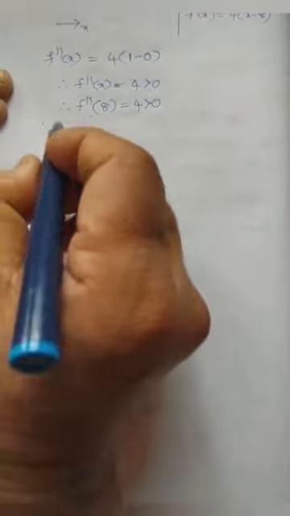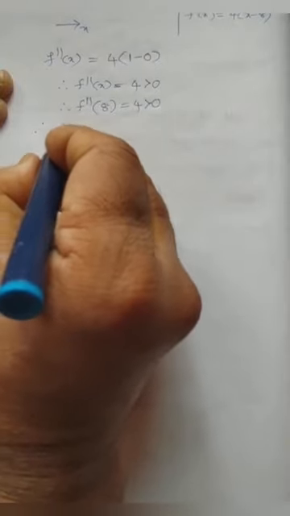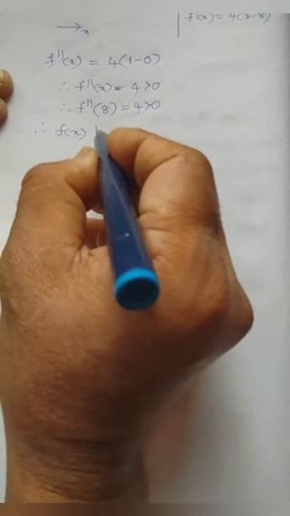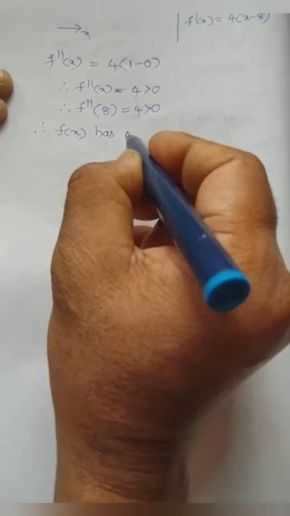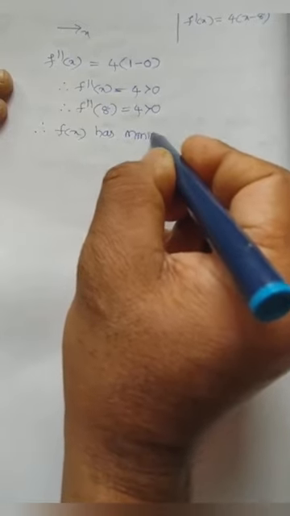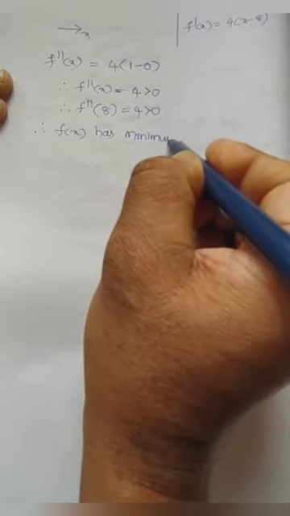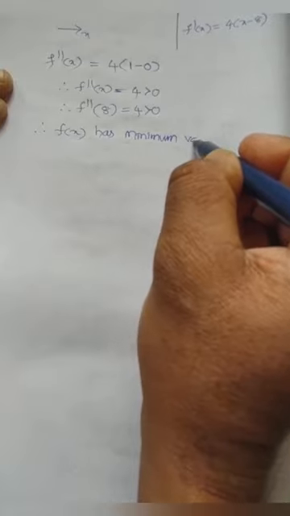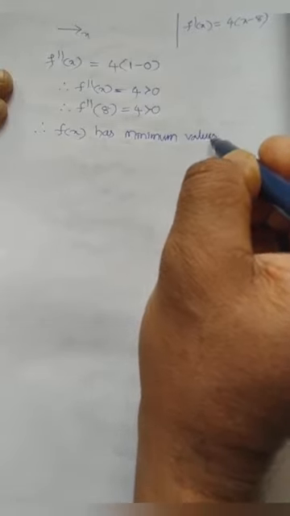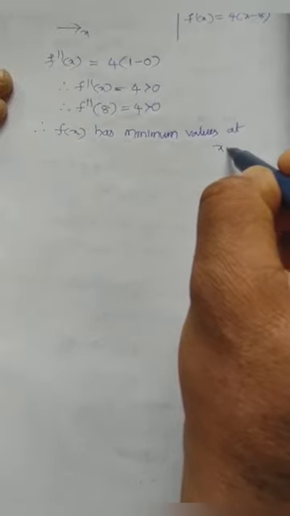So what is the conclusion we can make here? F of x has minimum value at x is equal to 8.